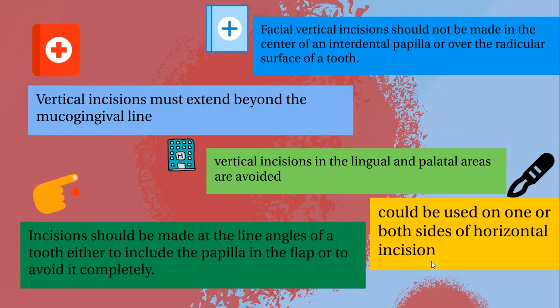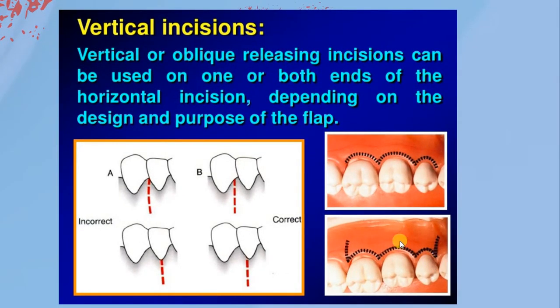Sometimes we do one vertical incision, and sometimes two, on both sides of the horizontal incision. As you see here, this is wrong. Why? Because it's on the root surface.